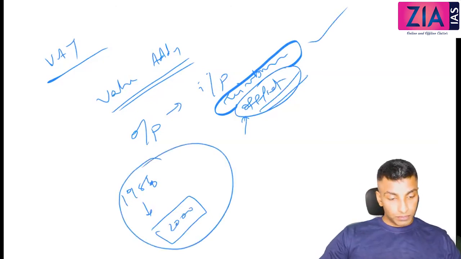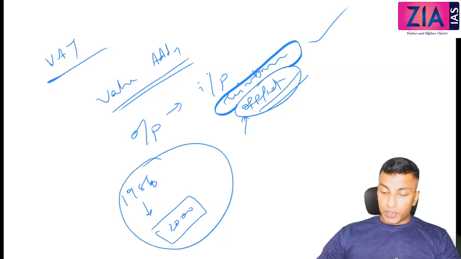So when was VAT introduced? VAT is not introduced. VAT is a theoretical concept. What I'm discussing is actually a theoretical concept. And on the basis of VAT only, we tried all these, but it is not pure VAT.